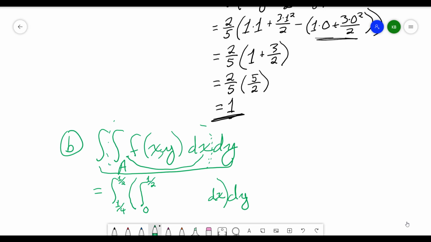And notice for f of xy, these bounds fall completely within the bounds given for just the first piece of my joint density function. So I'll be using 2/5 times 2x plus 3y as my function.